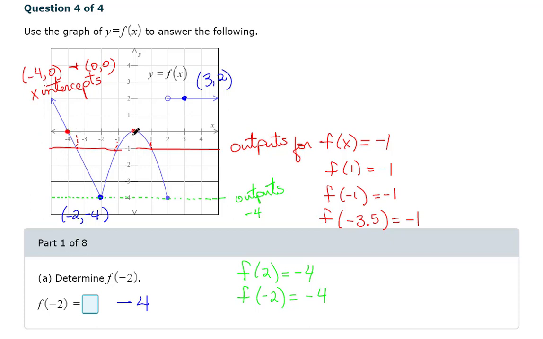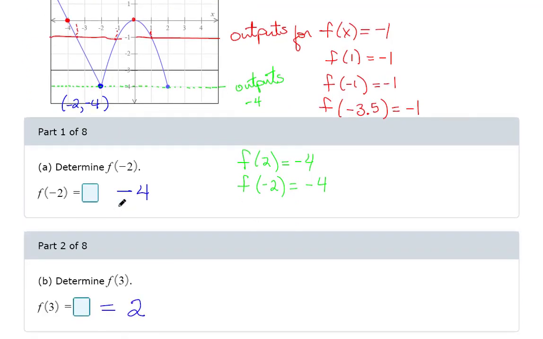X-intercepts. Where does this thing cross the x-axis? Well, it crosses at -4 and 0. All right. Other than that, they want us to figure out f of -2. So come here, -2 is an input, and the output is -4.